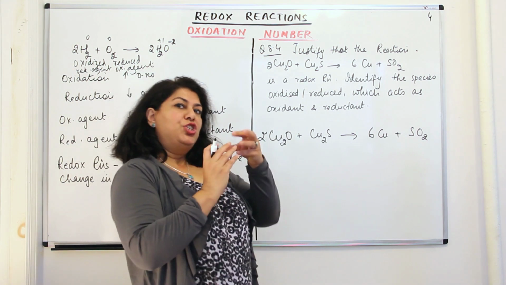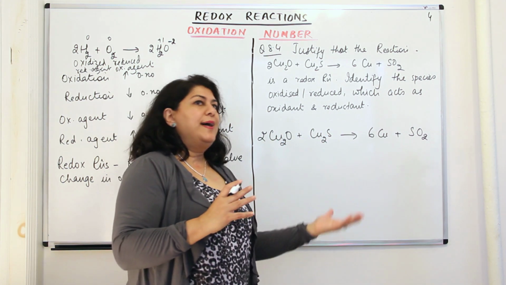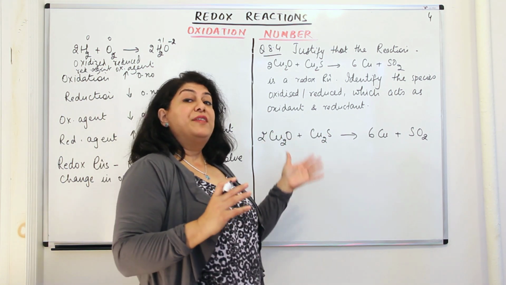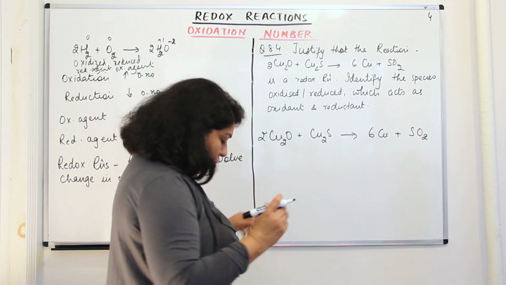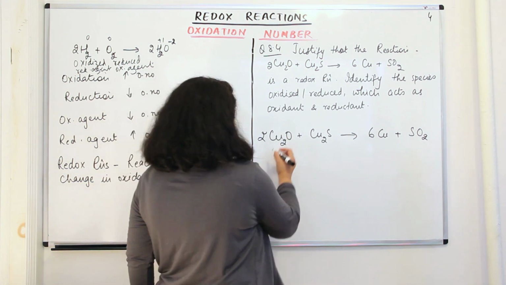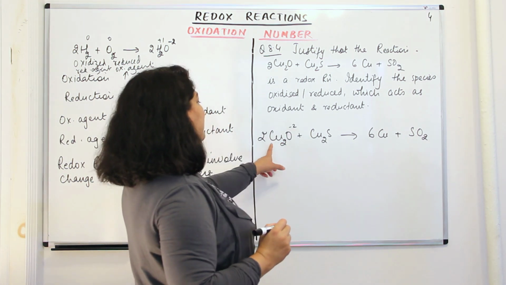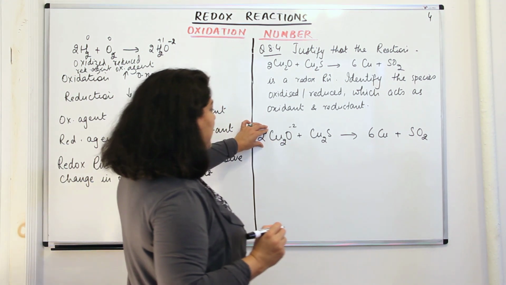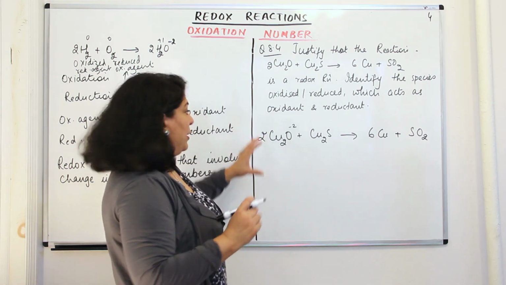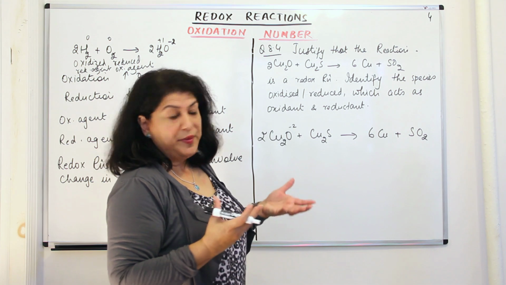And then with the change in the oxidation number, we will trace the species that got oxidized and that got reduced. If there was a change in oxidation number, then it is a redox reaction. So we'll solve the rest of the question. Here, oxygen has a charge of -2 and you have 2 coppers. Now we are not paying attention to the stoichiometric coefficient, because the stoichiometric coefficient only tells you how many molecules are reacting.